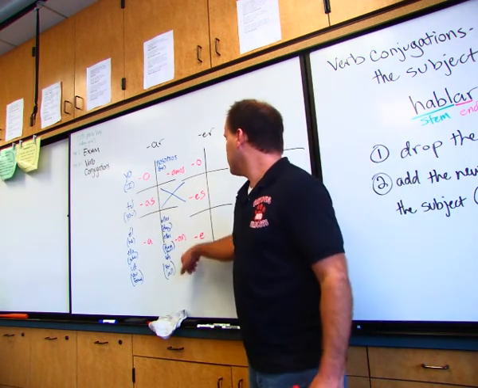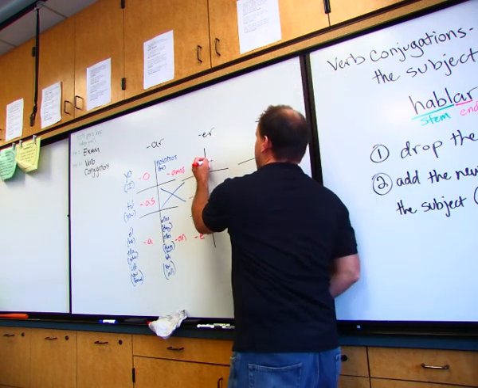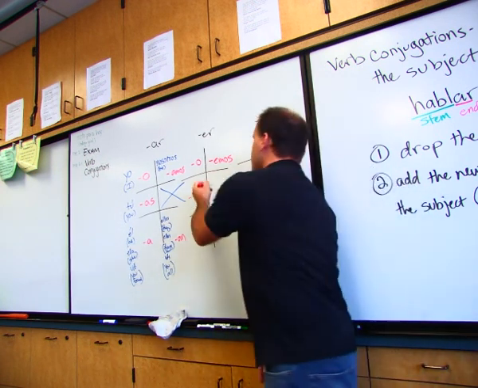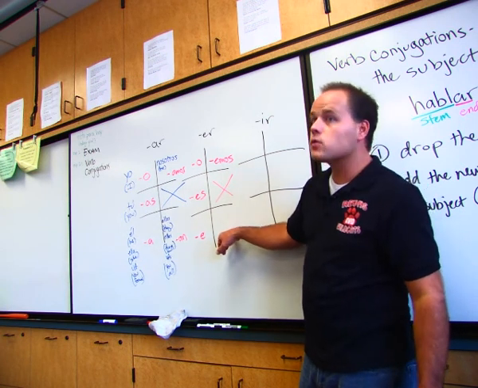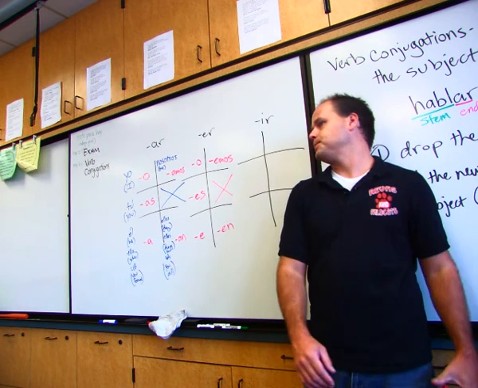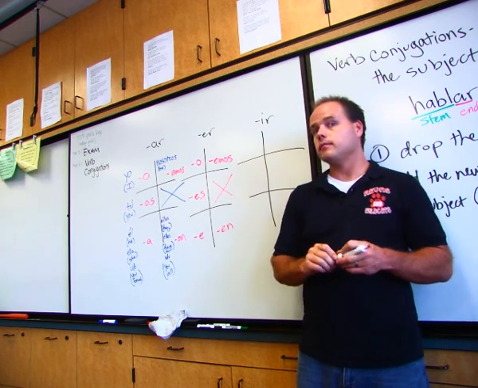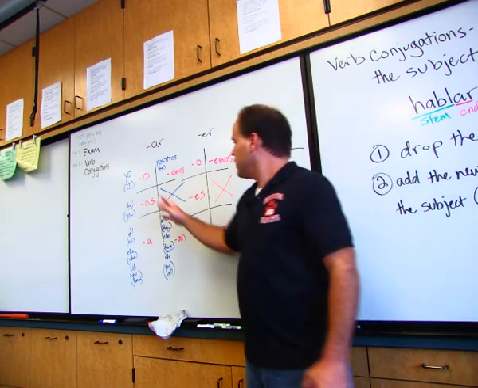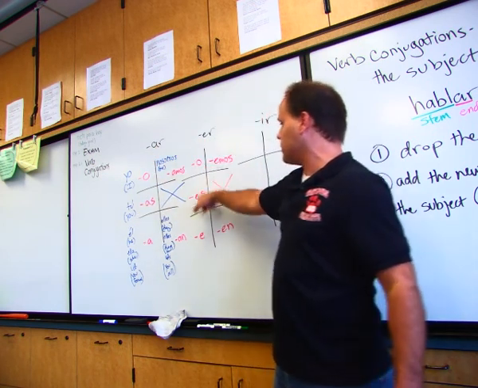Usted come. With nosotros, we'll drop the ER and add emos. Nosotros comemos. Not worry about coméis. And if it's ellos, ellas, ustedes, we drop the ER and we add en. Ellos comen. What do you notice about the AR and the ER? Well, they're very similar except for what? Exactly. They're the same except for an AR verb, use an A. For an ER verb, use an E.